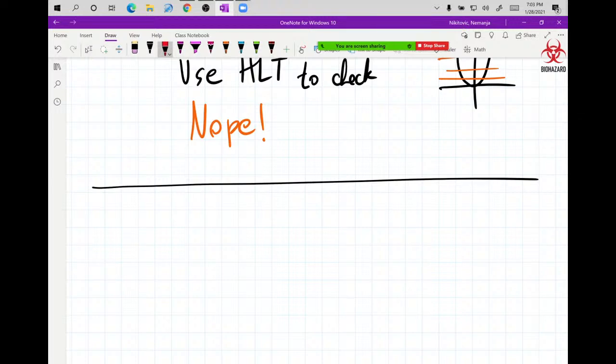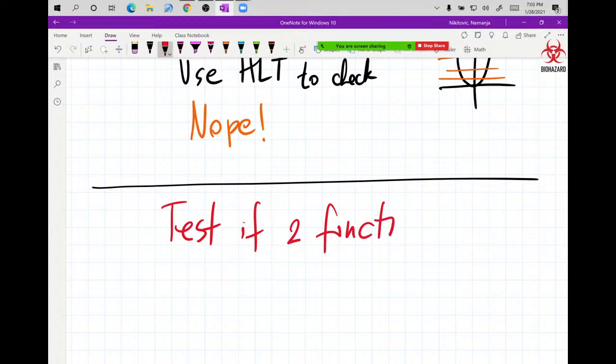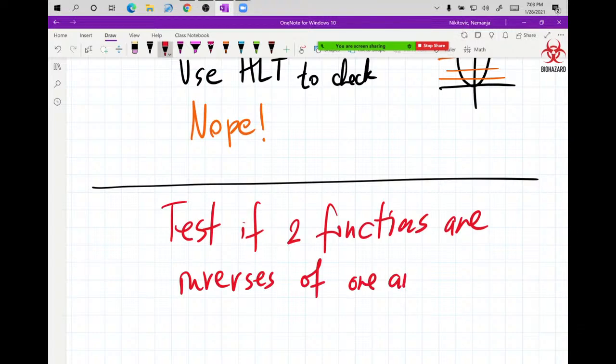Okay. The red color is coming up. Test if two functions are inverses of one another.